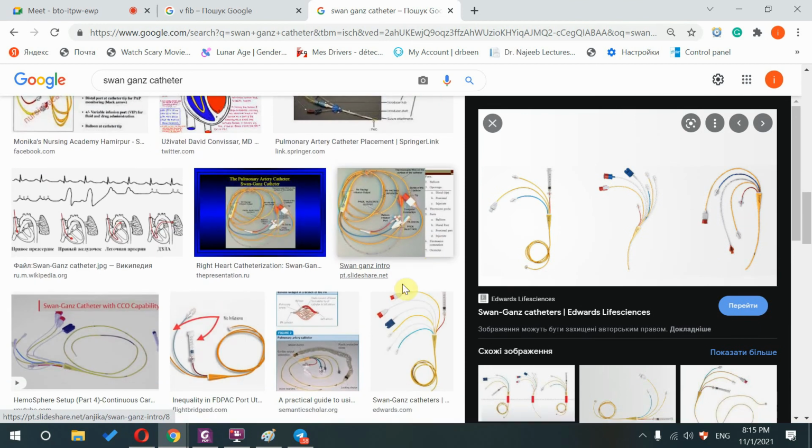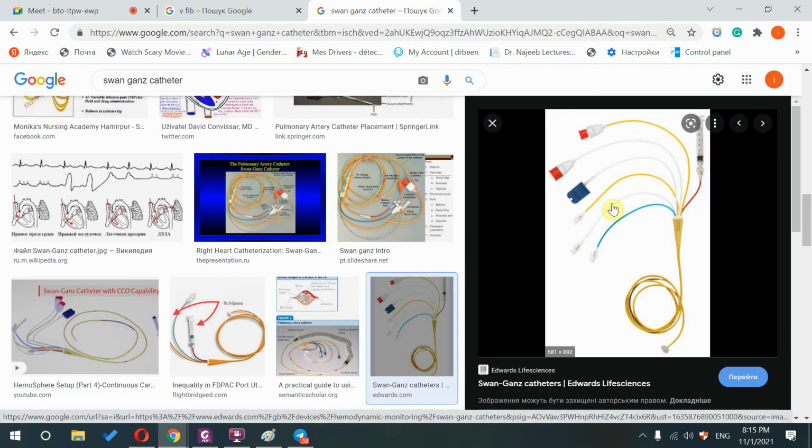If you take a look at this catheter, it has so many little bulbs. What are these for? Don't worry about it for now. And here you even have a little needle that has air in it. Why would you have an air needle there? To inflate the balloon at the end of it. Why would you like to inflate the balloon? We'll speak about it in a moment.